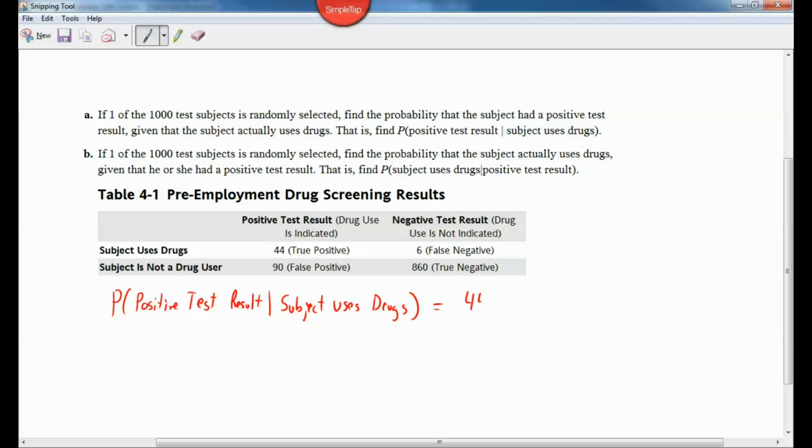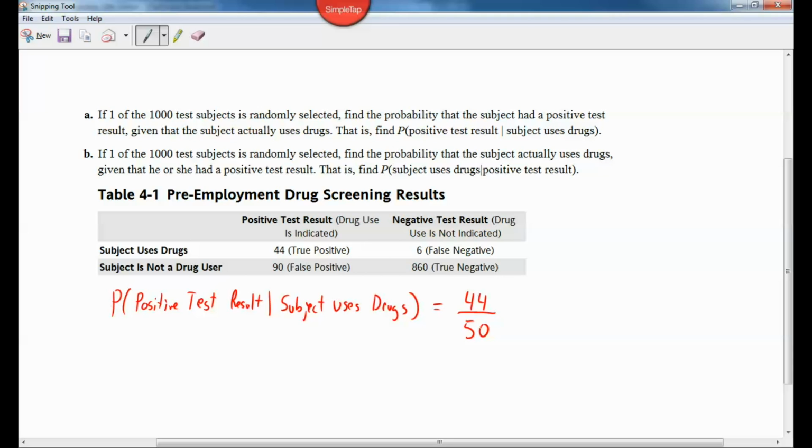So intuitively we could say that's going to be 44 out of positive test result given that the subject uses drugs. Okay, so if we just assume the first part is already going to happen, or has already happened, we know it's a positive test result, then how many subjects uses drugs are there? 50. So the answer is 44 over 50.